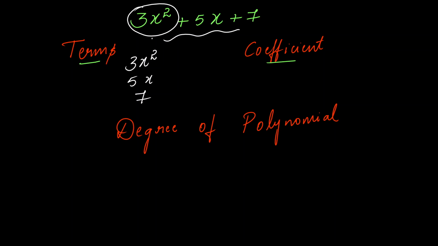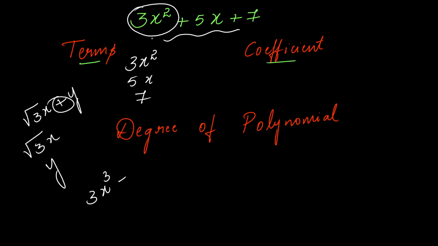If you see here, root of 3x plus y. So this is also a term. We have two terms. One is root of 3x and one more term is y. So it is separated by the plus symbol. And if you see one more example here, 3x cube minus 5 plus 4.